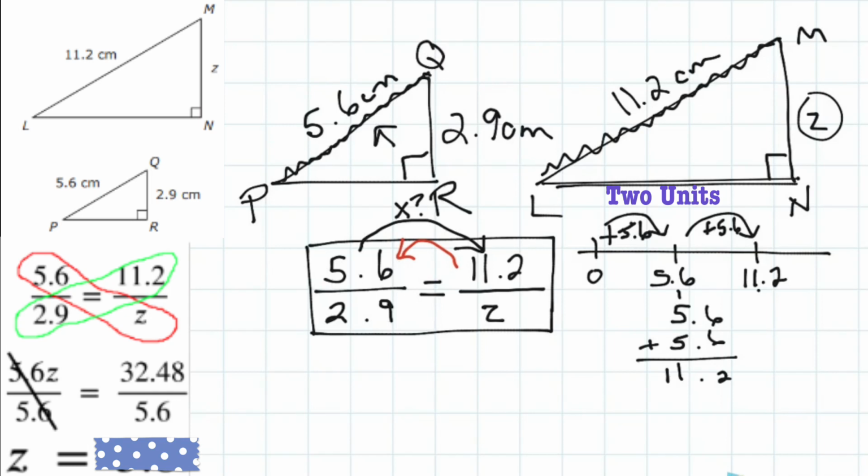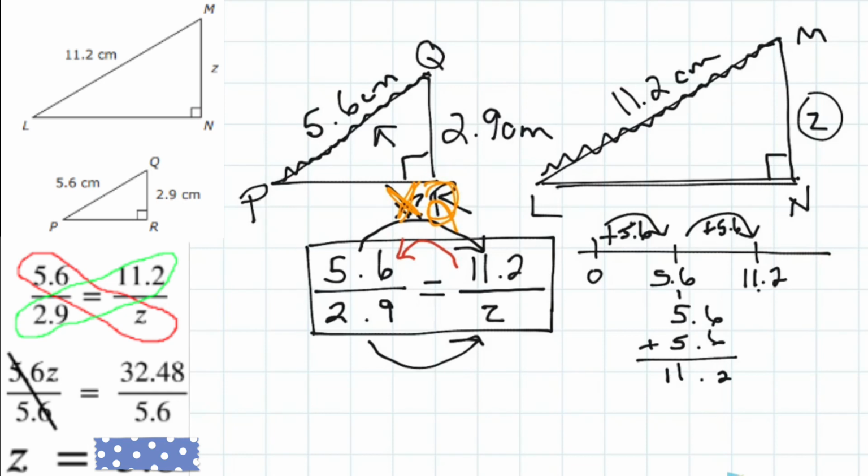And I'm going to reiterate, because it took 2 units of 5.6 to equal 11.2. Now that we know what the scale factor is, I'm going to write this huge in a different color, times 2, even though I'm covering up a little bit of our work, okay? We know that it will take 2 units of 2.9 to find the value of Z, okay? Because, as you can see here, we're going from the ratio that's representative of the smaller triangle to the ratio that's representative of the larger triangle.